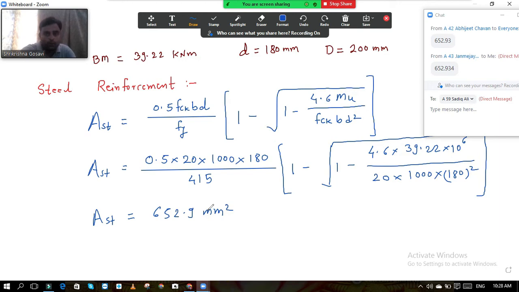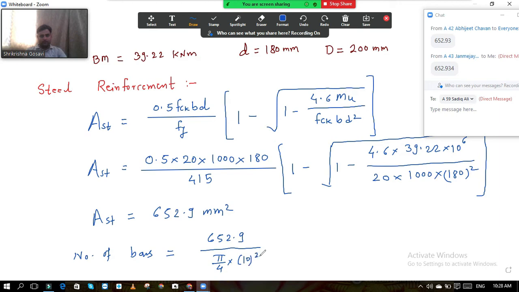Now what we are going to do is calculate the number of bars. The number of bars is equal to the total area of steel, which we got, 652.9, divided by the area of a single bar, pi by 4 into 10 square. We have assumed 10 mm bar diameter.